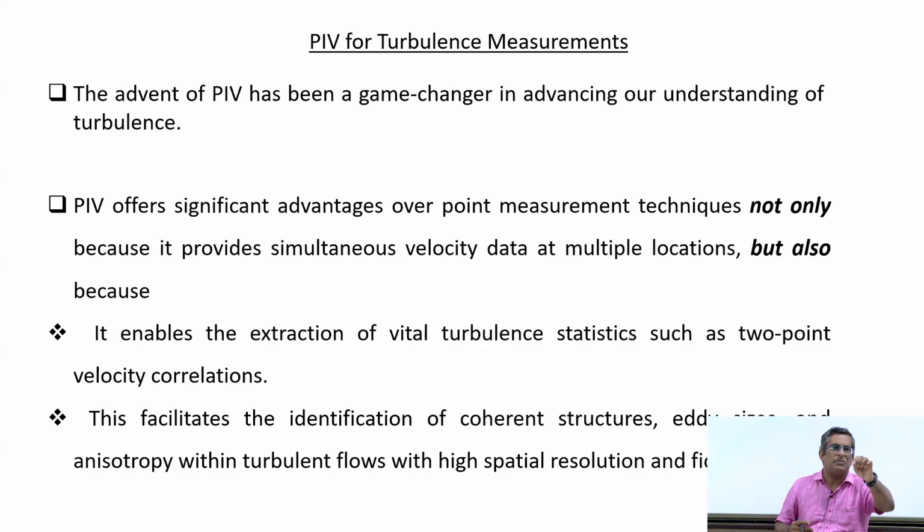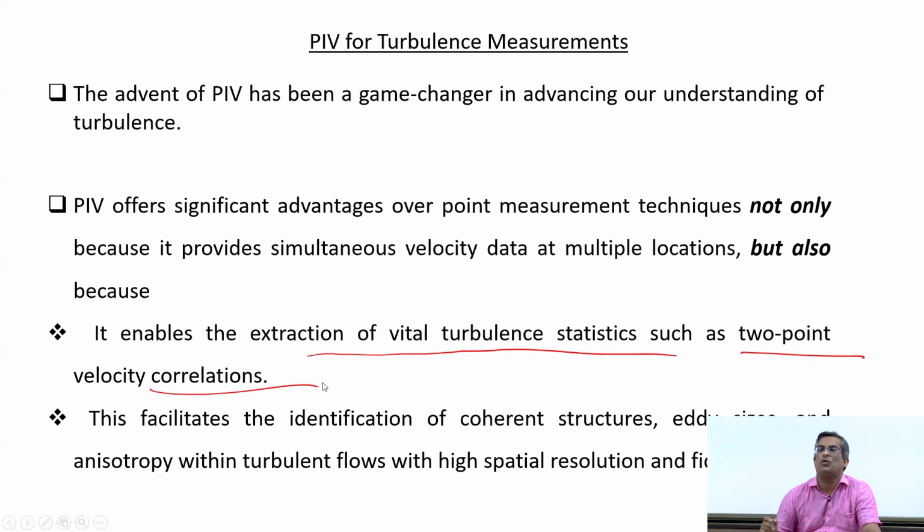That is not the only advantage. The main advantage is its ability to extract vital turbulent statistics such as 2-point velocity correlation, as I have already explained earlier. This 2-point velocity correlation is a very important quantity if we want to understand turbulence.